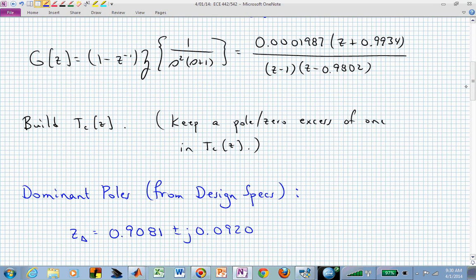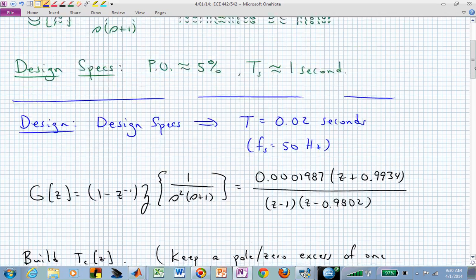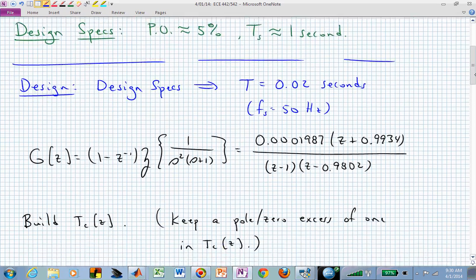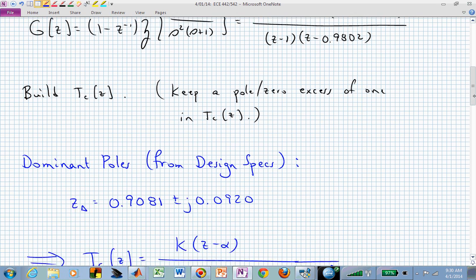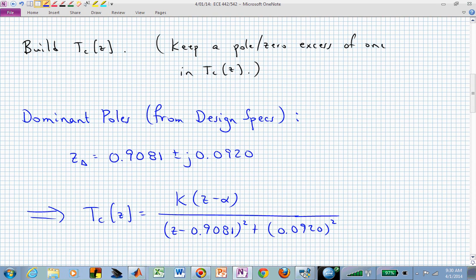From the earlier design specs of a percent overshoot of 5% and a settling time of 1 second, in our previous lecture we found the dominant pole locations in the Z-plane corresponding to those specifications. They're almost two real poles, but we do have an angle of a little bit more than 5 degrees. Maintaining our pole zero excess of 1, we have a numerator order of 1 and a denominator order of 2 with the appropriate dominant poles in place.